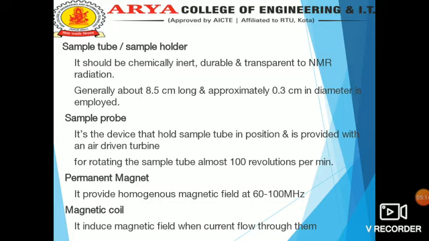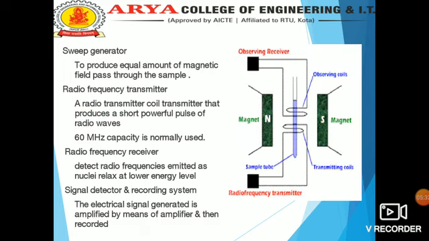Permanent magnet provides a homogeneous magnetic field at 60 to 100 megahertz, and the magnetic coil induces a magnetic field when current flows through it. Sweep generator is used to produce an equal amount of magnetic field passing through the sample.